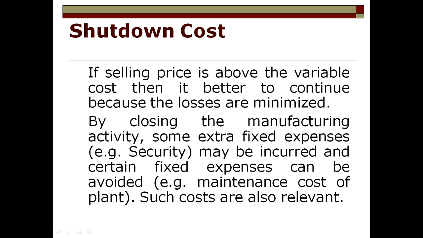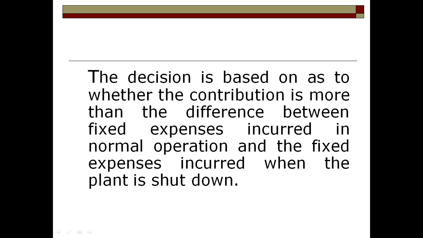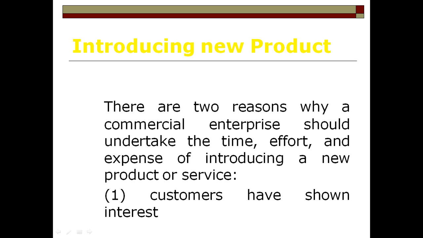By closing the manufacturing activity, some extra fixed expenses may be incurred and certain fixed expenses can be avoided. Such costs are also relevant. Then the decision is based upon whether the contribution is more than the difference between fixed expenses incurred in normal operation and the fixed expenses incurred when the plant is shut down.